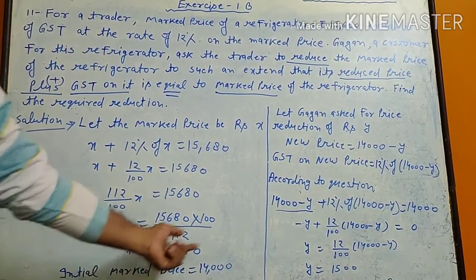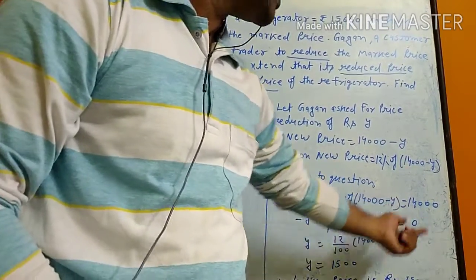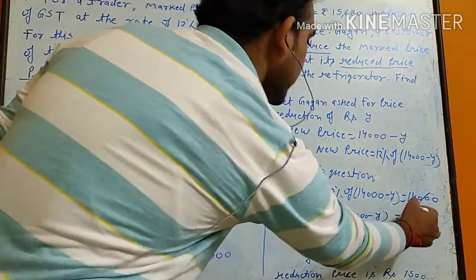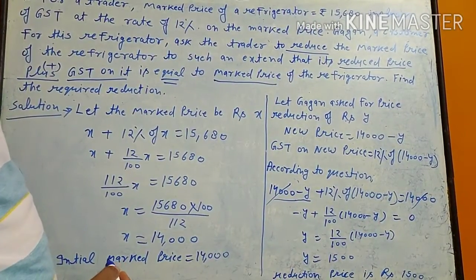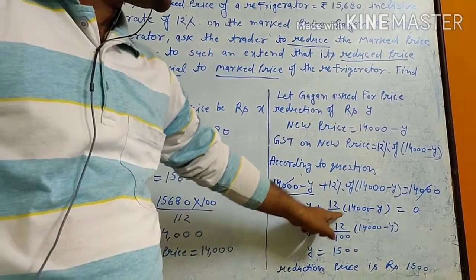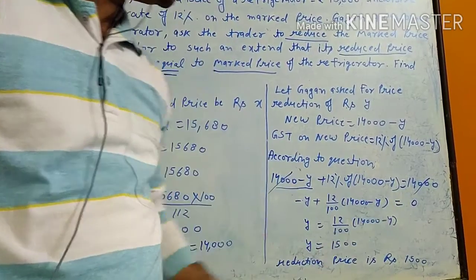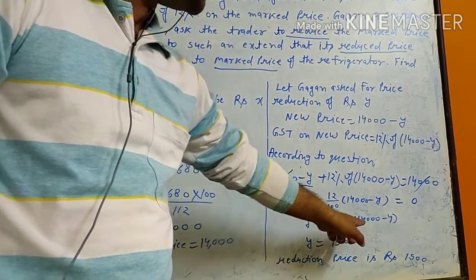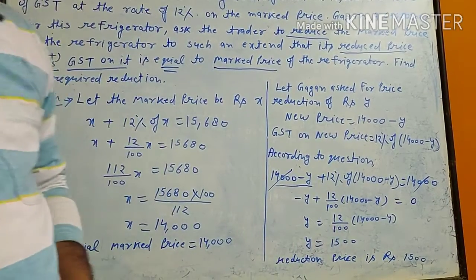Understand? Reduced price plus GST is equal to the mark price. Now 14,000 and 14,000 cancel because both are in the positive sign, so you can cancel. Now minus y plus 12 upon 100 into 14,000 minus y is equal to 0. Then transfer this, so y is equal to 12 upon 100 into 14,000 minus y.